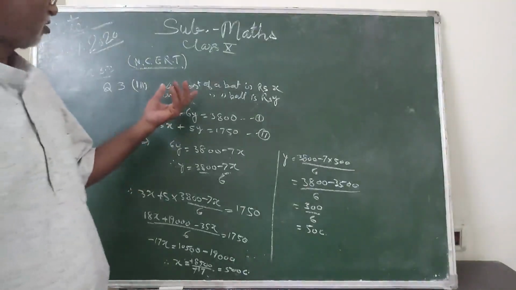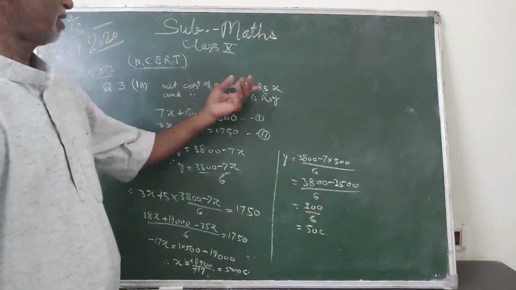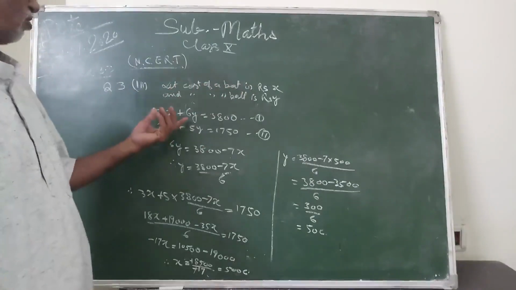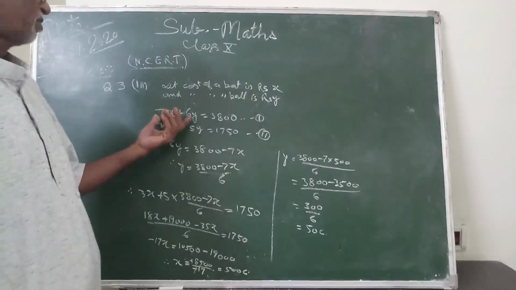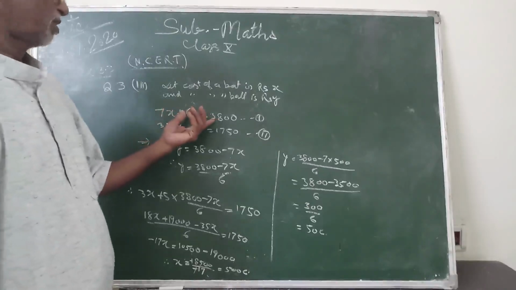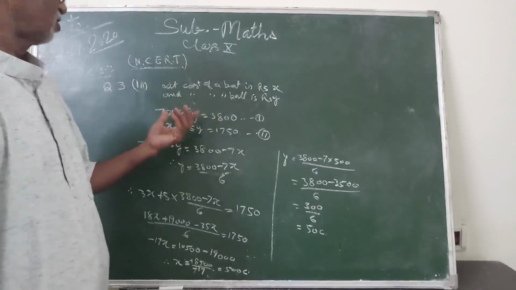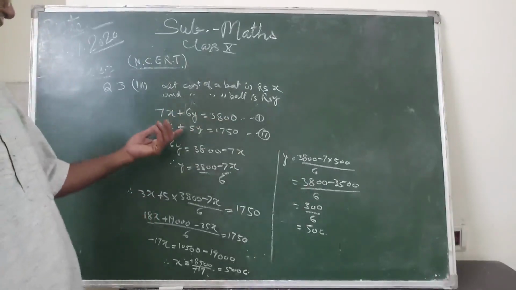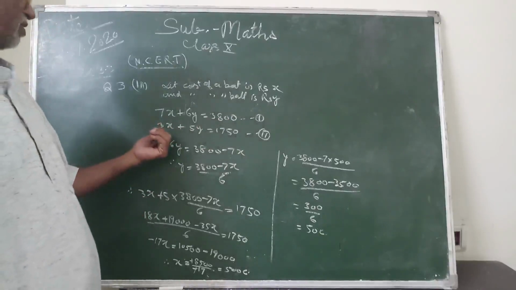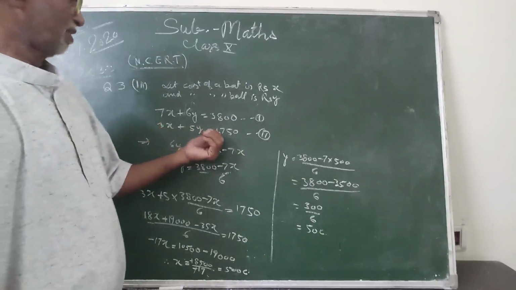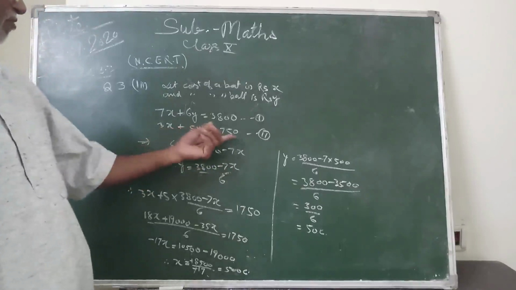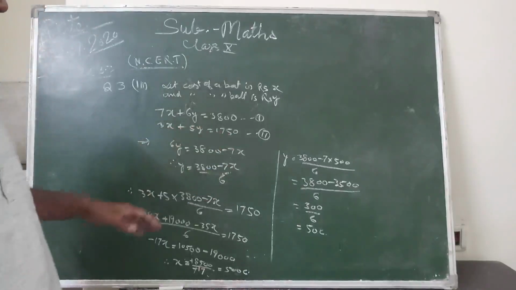So in this problem, let the cost of a bat be x rupees and the cost of a ball be y rupees. So she purchases 7 bats and 6 balls for 3800 rupees, so 7x plus 6y is equal to 3800. And in the second case, she purchases 3 bats and 5 balls for 1750 rupees, so 3x plus 5y is equal to 1750.